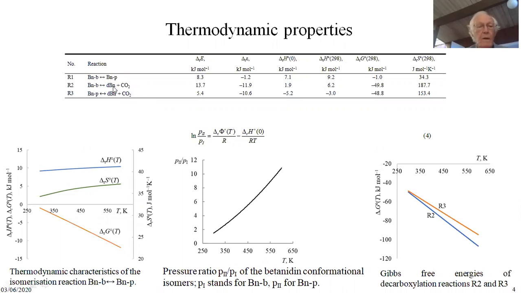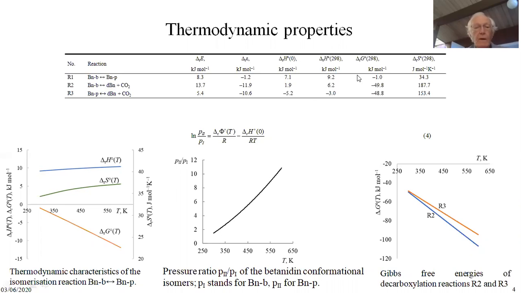where for the planar structure, the enthalpy of the reactions was observed to be negative, while for the isomerization reaction and the decarboxylation of the bent structure, the enthalpy at zero and ambient temperature were positive values.